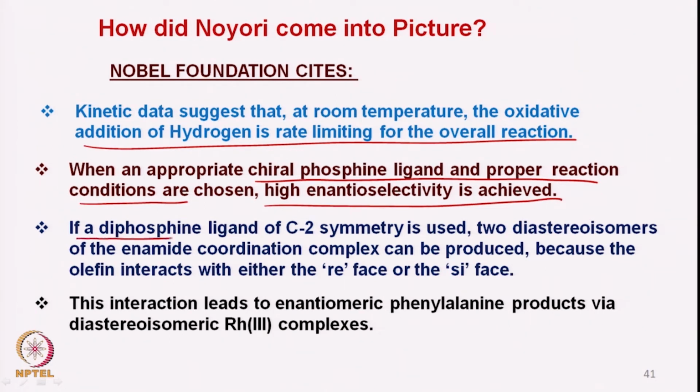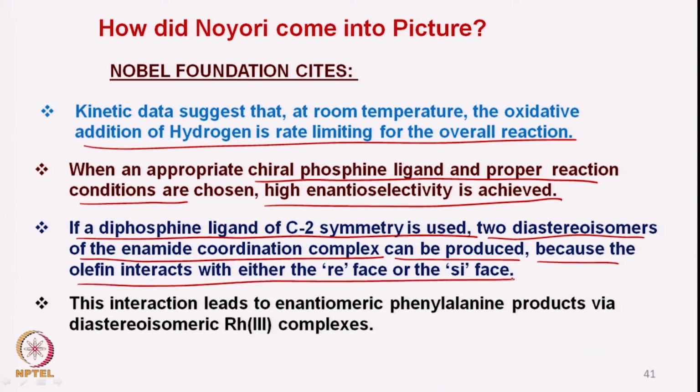If a diphosphine ligand of C2 symmetry is used, the two diastereomers of the enamide coordination complex can be produced, because the olefin interacts with either the Re face or the Si face. So, if we have this enamide, which is what we are seeing in the case of William Knowles' work, and the attachment of the hydrogen occurs from either side, we are basically trying to induce a diastereomeric transition state.